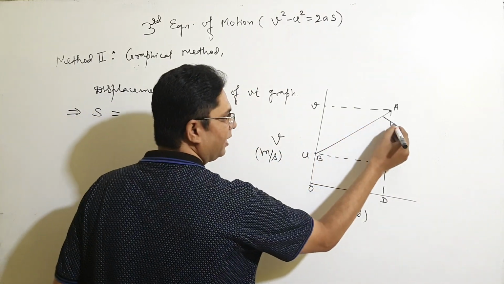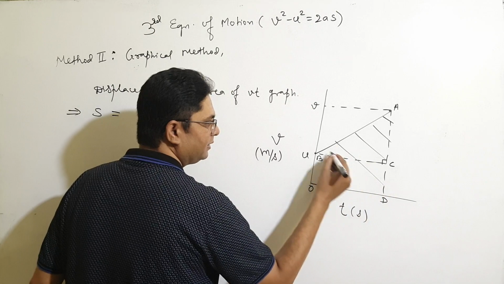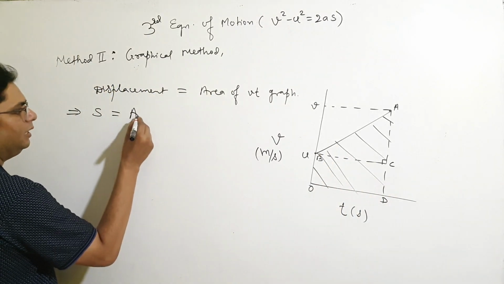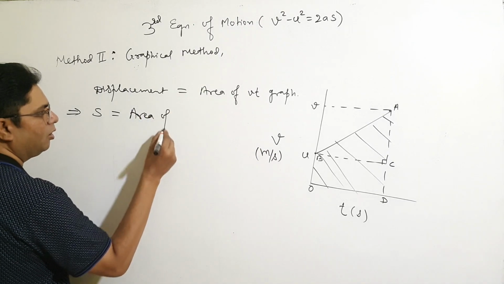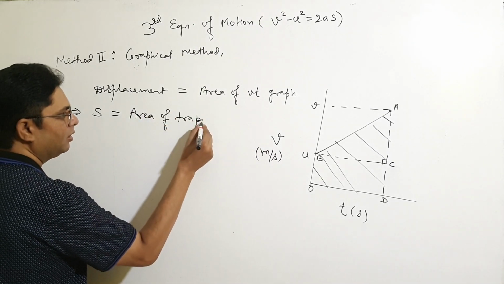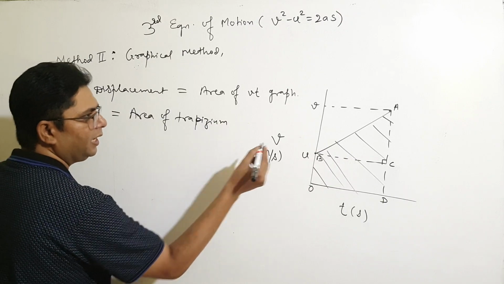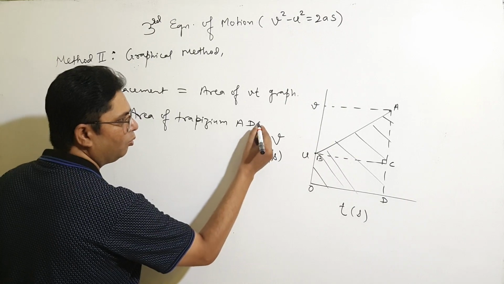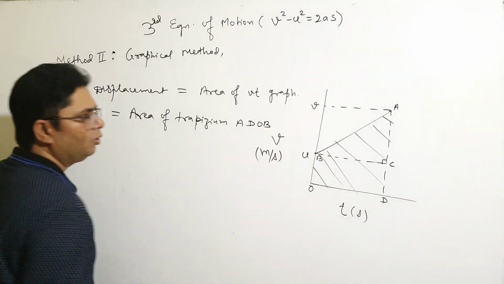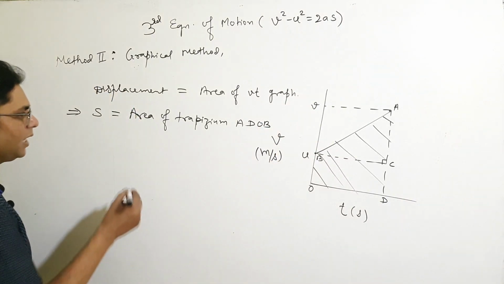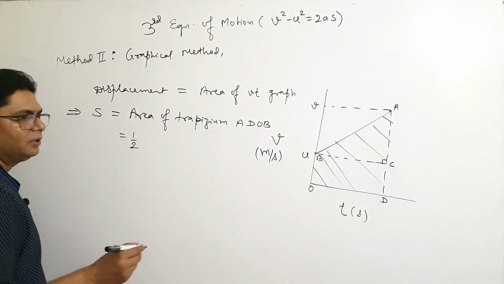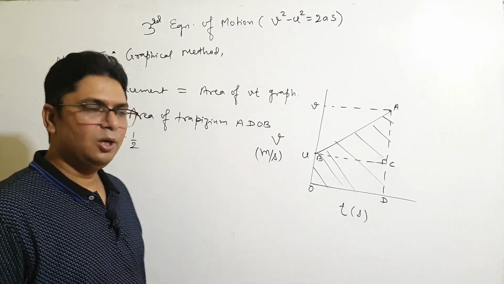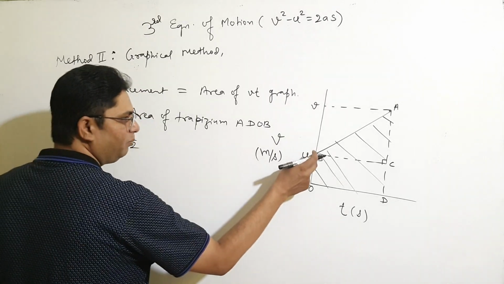This shaded region is a trapezium, named ADOB. The trapezium area is half the sum of parallel sides into the perpendicular distance.